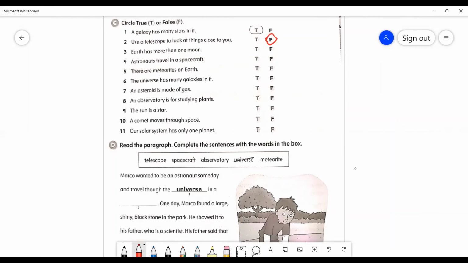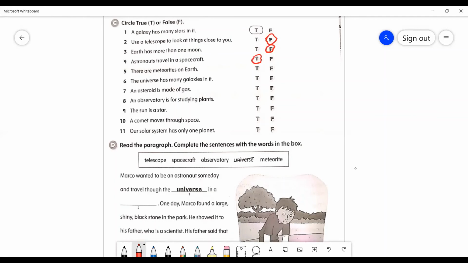So this is false, not more than one moon. So I circled F. Number 4: Astronauts travel in a spacecraft. This is true, and I will circle T.